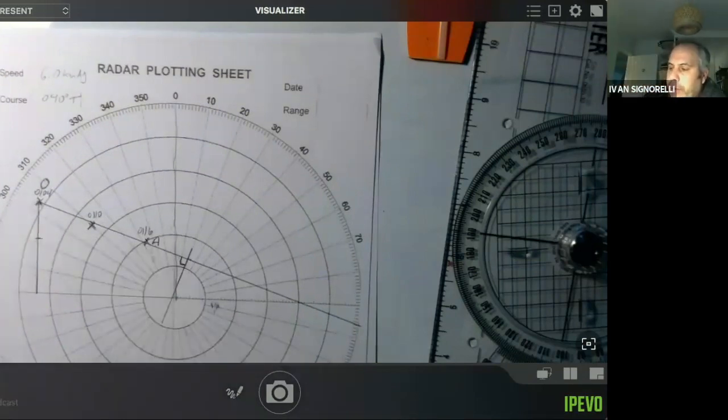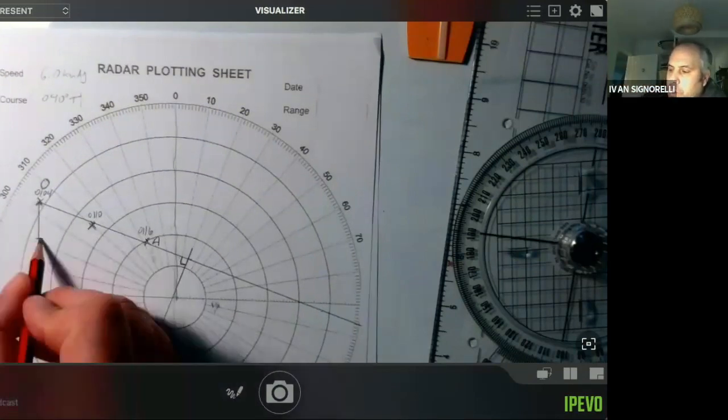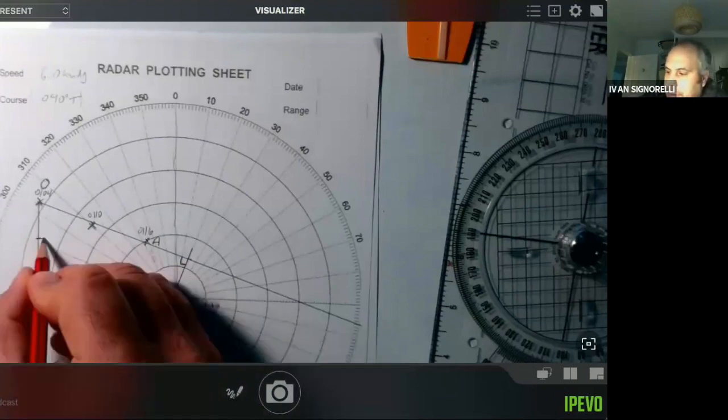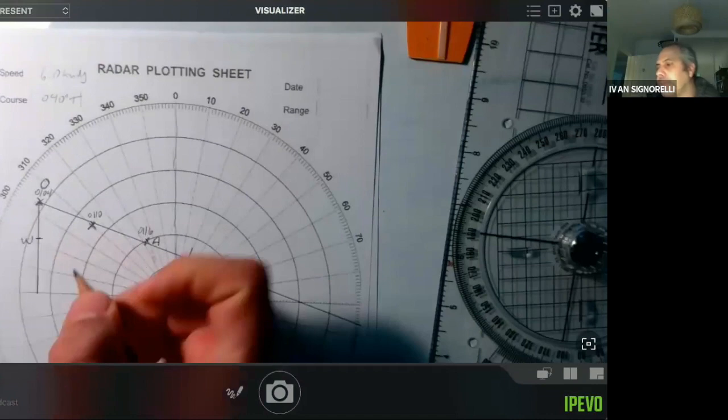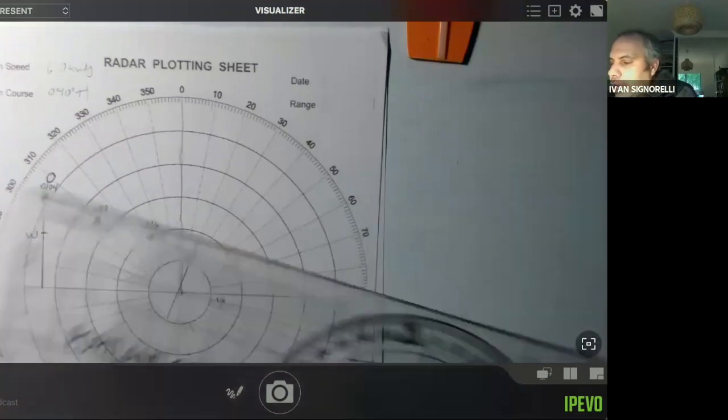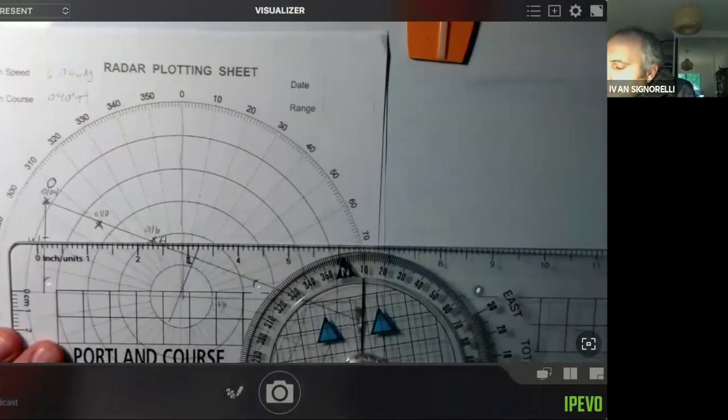This mark here, we're going to label as W, as in Whiskey. The next thing you're going to do is take your ruler and connect W to A.